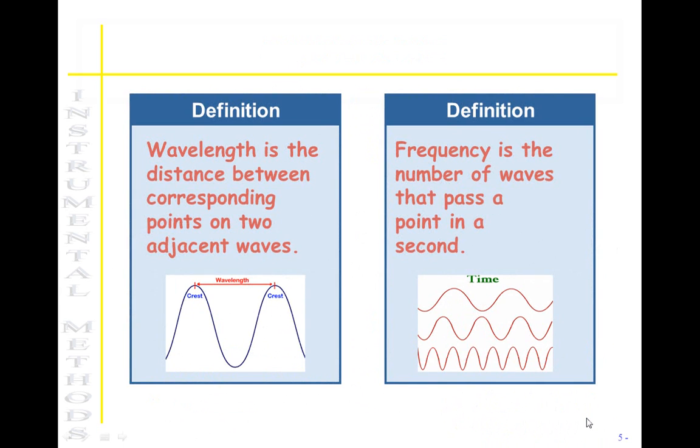Wavelength is the distance between corresponding points on two adjacent waves, and frequency is the number of waves that pass a point in a second.